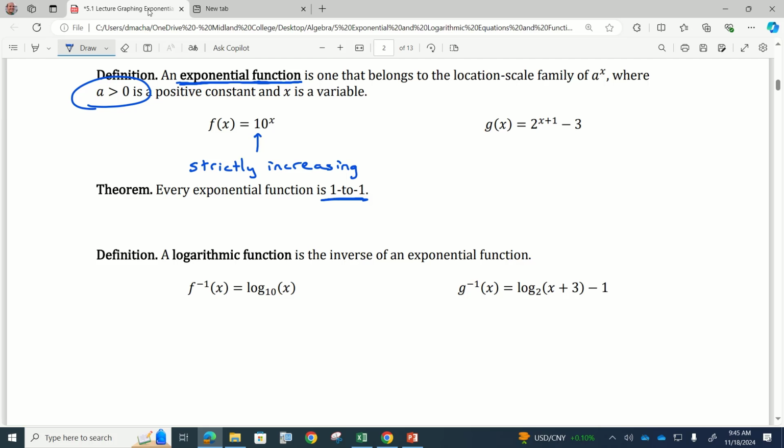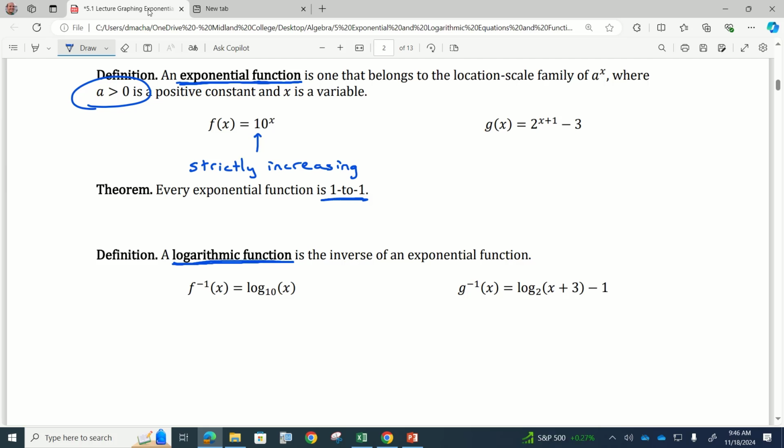And you remember every 1-to-1 function has an inverse function. And what's the inverse function for an exponential function? This is the definition of what we call a logarithm, or a logarithmic function. A logarithm is just the inverse of an exponent.